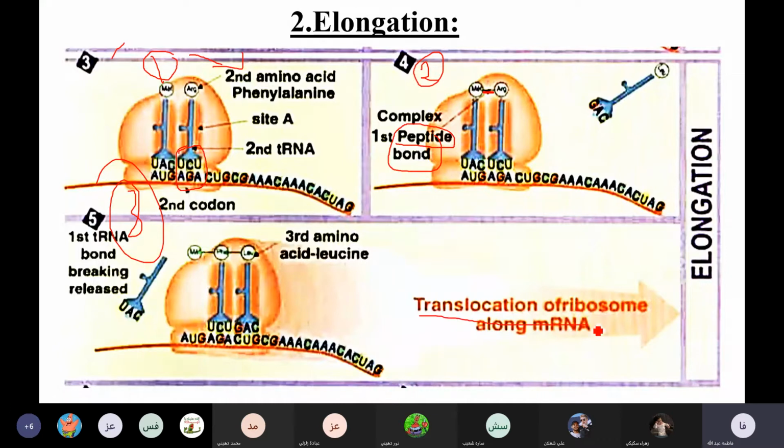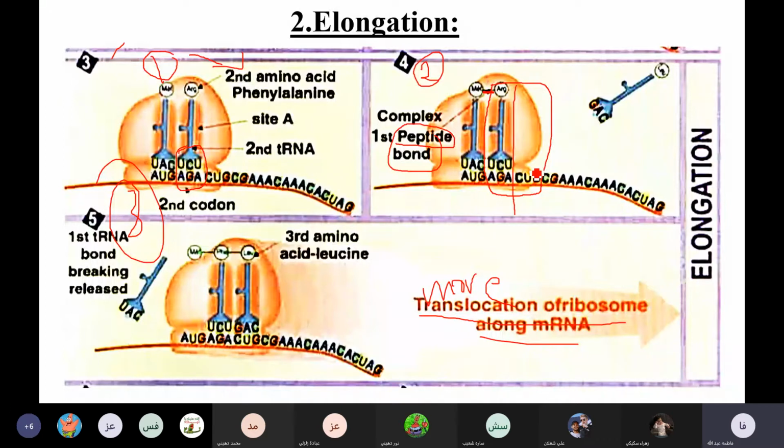Translocation of the ribosome, which is a movement. The ribosome will move now. The ribosome moves one codon, just one codon, as you can see here. I prepared the second drawing to show you how it moved one codon. The ribosome will move just one codon like this.